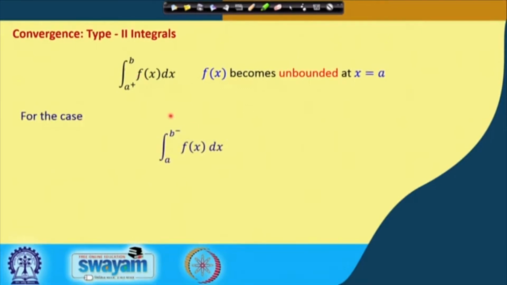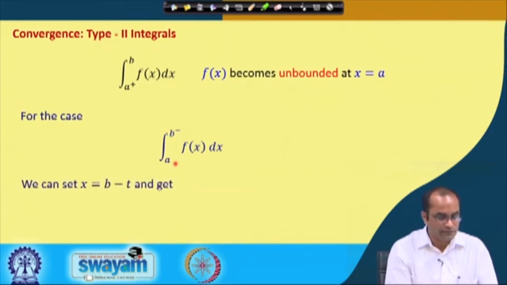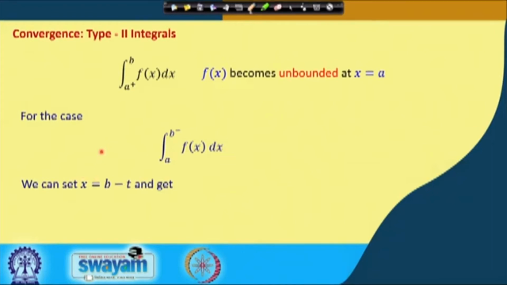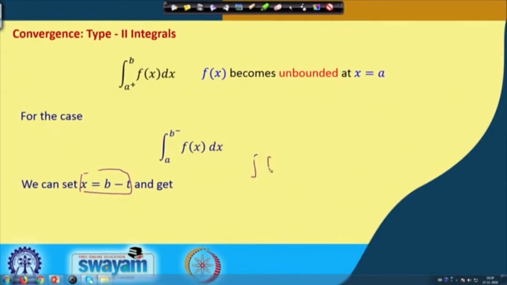For the case where f(x) becomes unbounded as x goes to b, we deal with this integral similarly to the other type, by a substitution. If we substitute x equal to b minus t, the integral becomes f of (b minus t), and dx will be minus dt, with a minus sign.